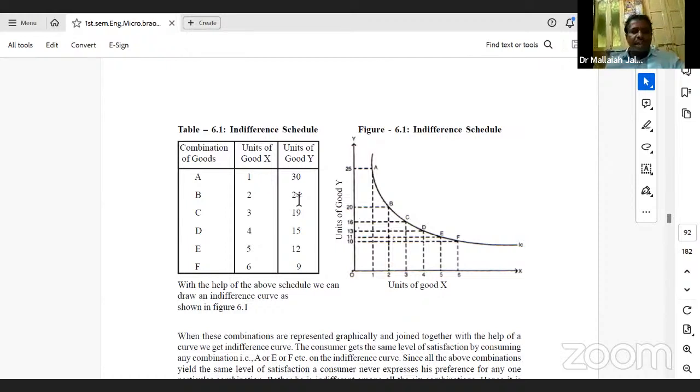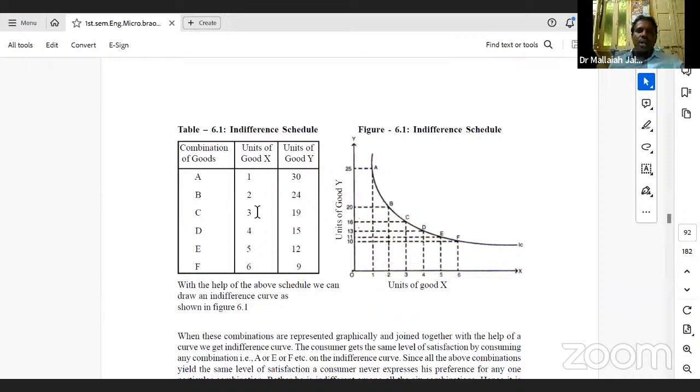So if you consider the F combination, 6 X commodities purchased and Y is 9 commodities. This gives the same level of satisfaction. This is what we call the indifference schedule. When you plot these points, at A, X commodity is 1 and Y is 30.